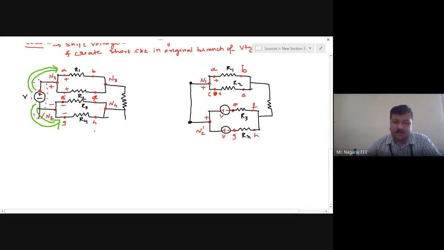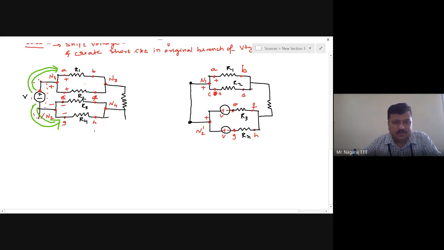See, I am not telling this is the only way. This is one of the methods. What we are studying in this course is various methods of analysis. This is one among those. Whether it is advantageous or not is a secondary issue. This is one of the circuit reduction techniques when sources are involved.